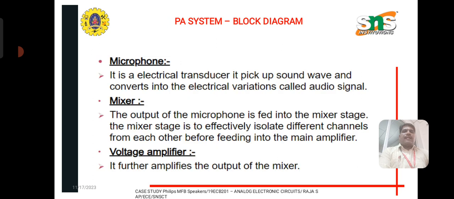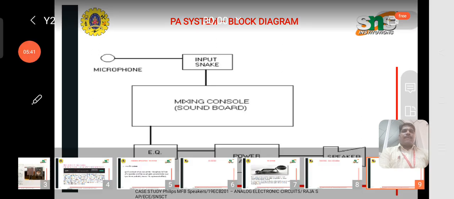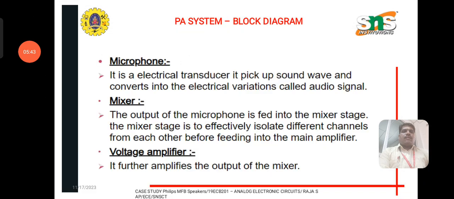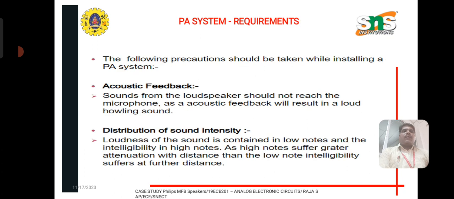Then, finally, the amplifier is the medium used to increase the gain of the input signal. The speaker will deliver the output signal. These slides give an explanation of each block, the applications of the driver amplifier, power amplifier and loudspeaker, and why we go for the PA system.